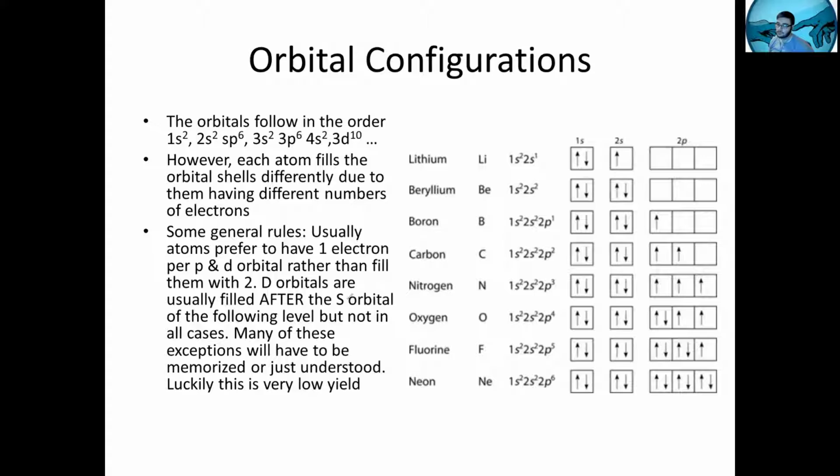Okay, so that's again just a general thing. Many of these you'll just have to memorize, or you'll have to understand them. Luckily this is very low yield, and you very rarely will see these orbitals. They'll ask you to fill up these orbitals or say something about these orbitals. But in case they do, it's even rare that they'll give you a curveball.